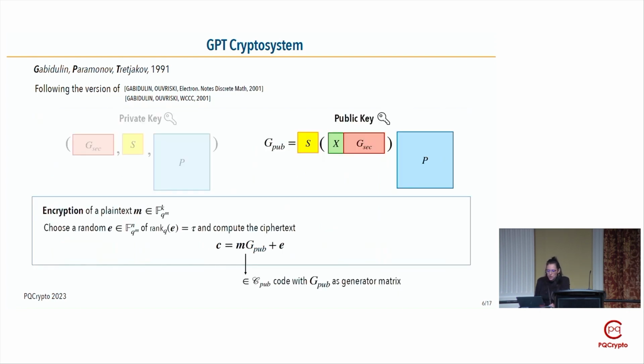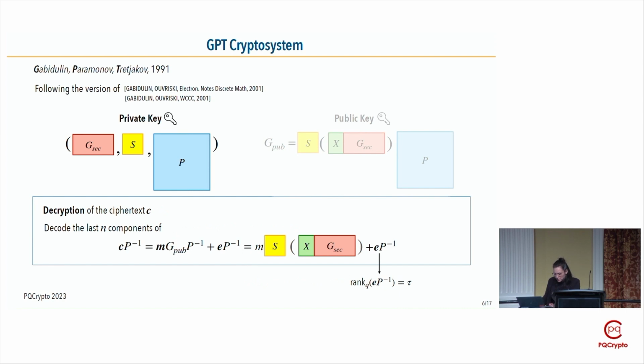So in order to encrypt the plaintext, we first multiply the plaintext by the public matrix G. In this way, we get a codeword of the public code. And then we add to this quantity a random vector of rank equal to tau, where tau is equal to (n minus k) divided by 2.